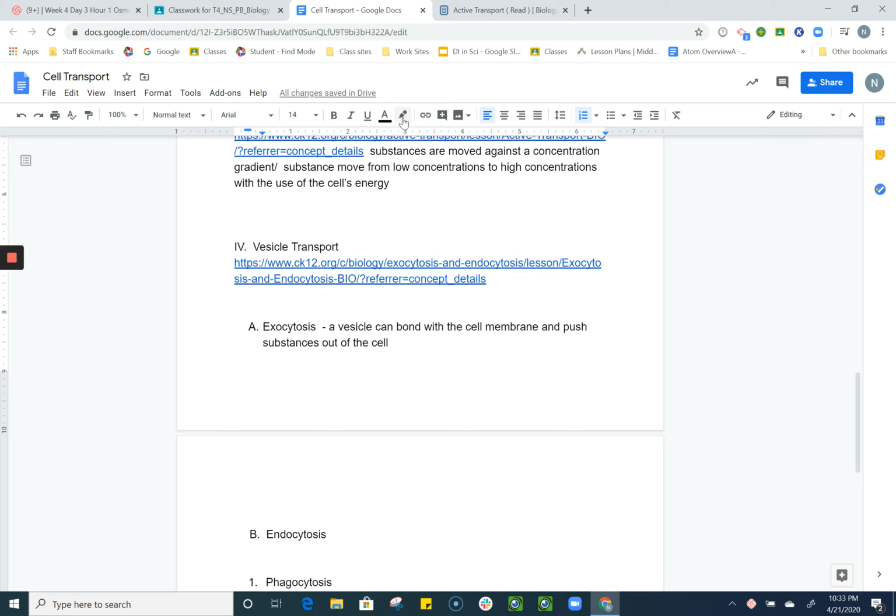Okay. And I wish I had a way to draw here. Anyway, that was the diagram where you had the cell and there was a little vesicle inside. It bonded with the cell membrane and it pushed the substance out of the cell.